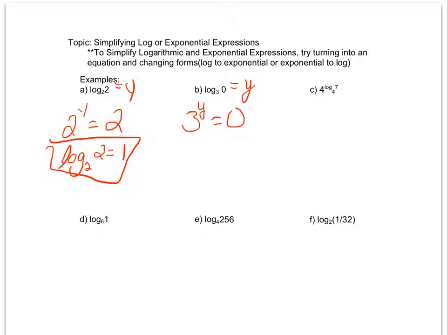It never actually touches 0. It has that horizontal asymptote. So I'm going to say that there is no solution to this expression. So therefore, I could not simplify log base, well, no, I take that back. I can simplify it by saying log base 3 of 0 equals no solution.